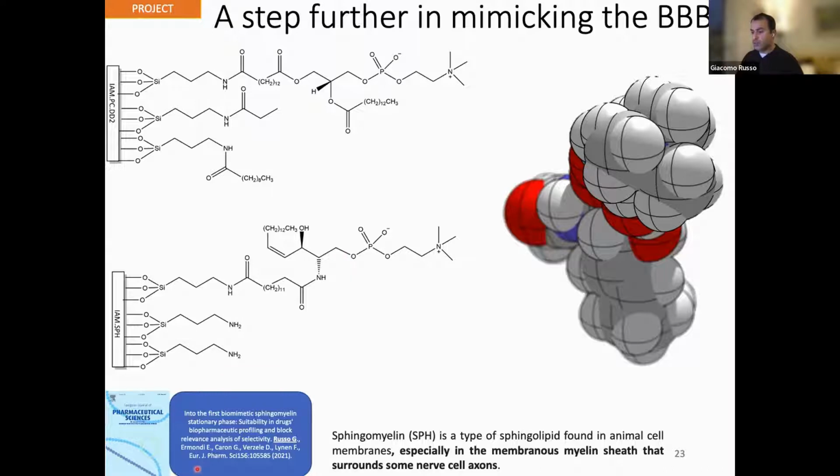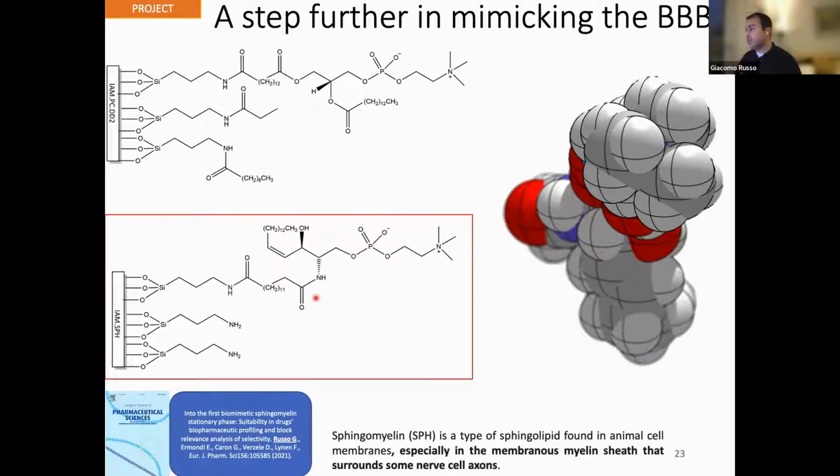For this reason, we characterized the selectivity thanks to a joint collaboration with Giulia Carone and Giuseppe Mondi's group from the University of Turin. We characterized the selectivity of a novel IAM phase based on sphingomyelin, which was synthesized as a prototype by the separation science group, where I was working essentially as a postdoc.